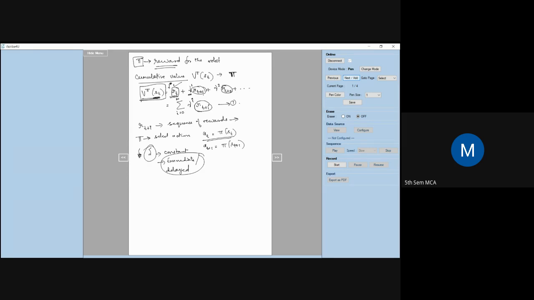If I set gamma itself as 0, only the immediate reward is considered, because you don't have gamma here. As we set gamma closer to 1, the future rewards are given greater emphasis. That's why we call this the discounted cumulative reward.